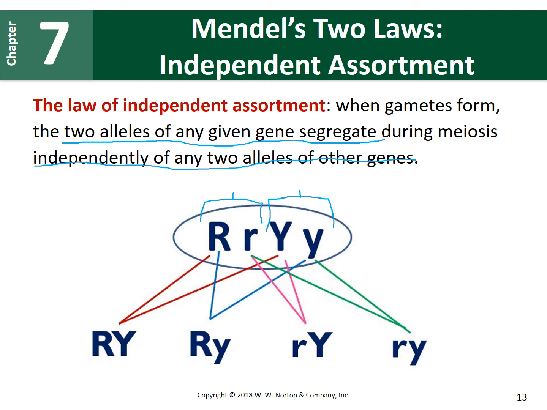So for example, if you're looking at fur color, big R could be black, little r could be yellow, but it's still fur color. Another trait to go along with that, we could look at fur texture.